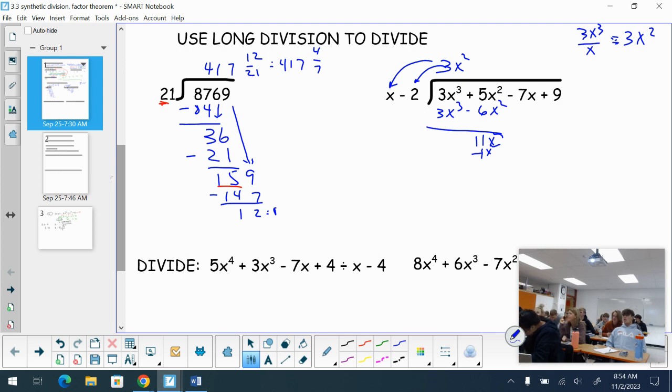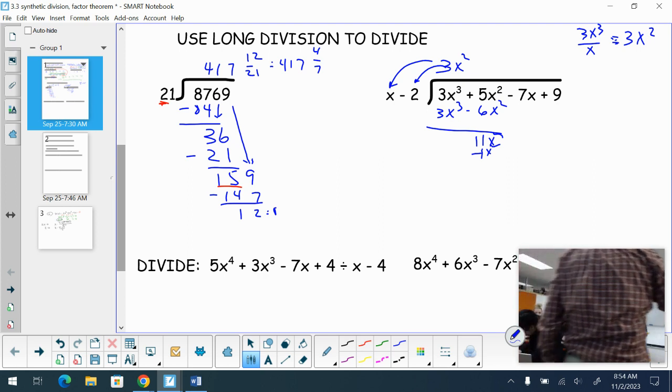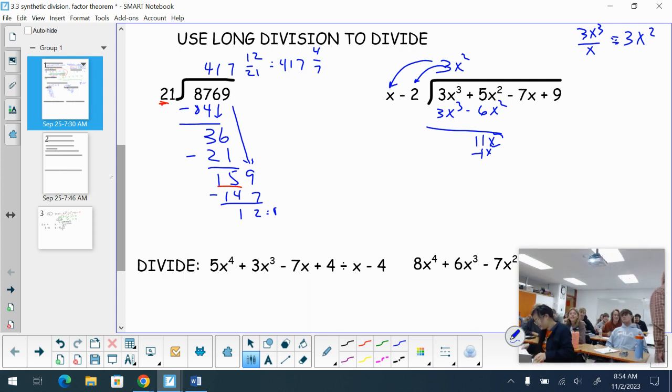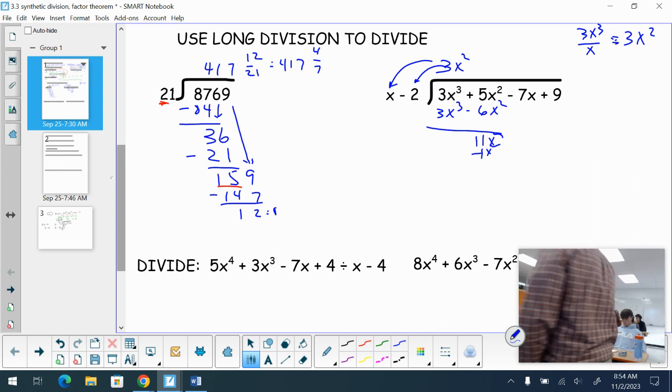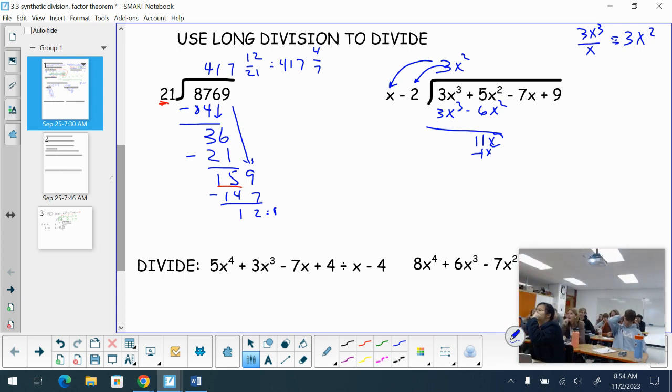If you say your answer is negative x squared, what you have just proved to me is that 87 minus 84 is actually 11. You guys all looked at me like I'm an old person, which I am, when I said that's a value of 11.